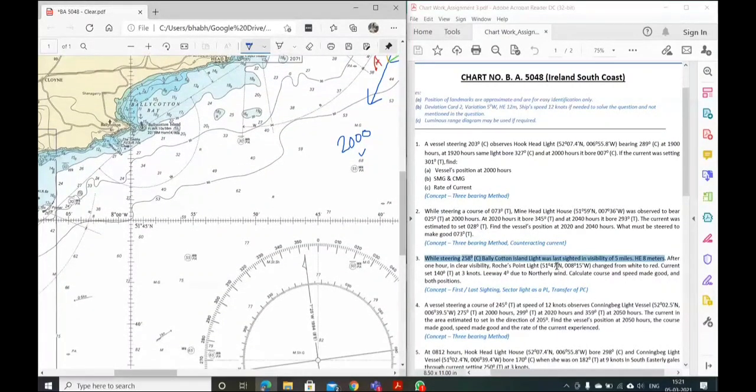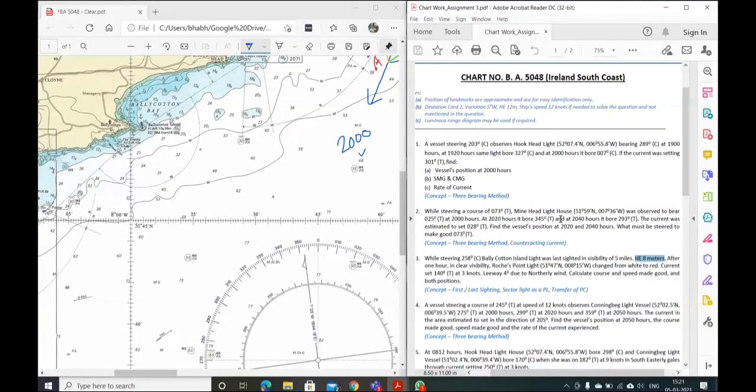Right. So they have told us that the lighthouse is last sighted. So we have to use the last sighted concept. That means we have to find out the PLR. Visibility is given to us as 5 miles. You have to find out the PLR and you have to find out the GR, geographical range. Height of eye is given to us as 8 meters.